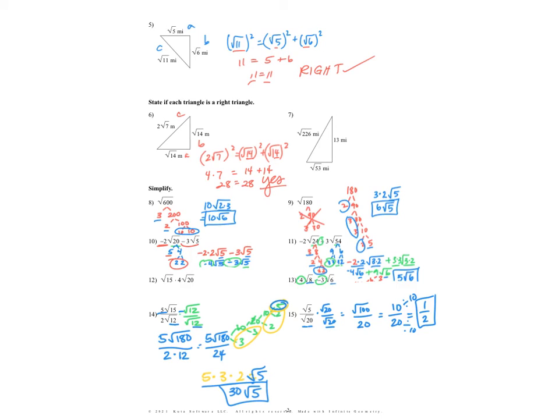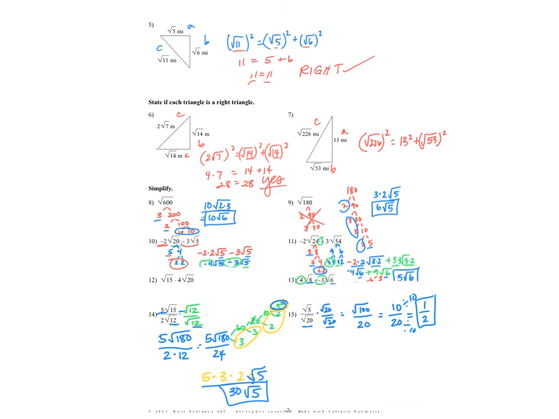Okay? If they don't equal, then it's not. You just say no. So this is our C because it's our hypotenuse. And then I'm going to make, it doesn't matter which one you make, A or B. So root 226 squared, not plus, equals 13 squared plus root 53 squared. Alright.